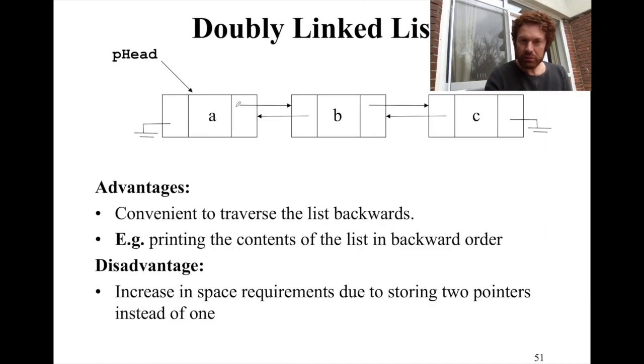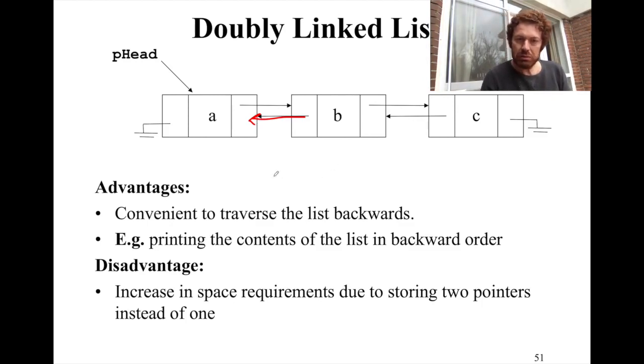Double linked list: I already have these next pointers. Now with every node, take this node B, it has a next of C. Now I will also keep the previous pointer, and it will be useful when you want to do some action in backward order.